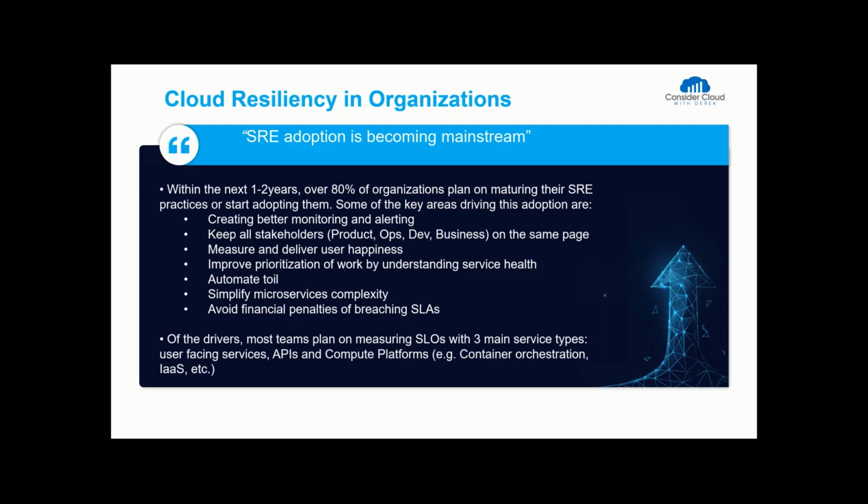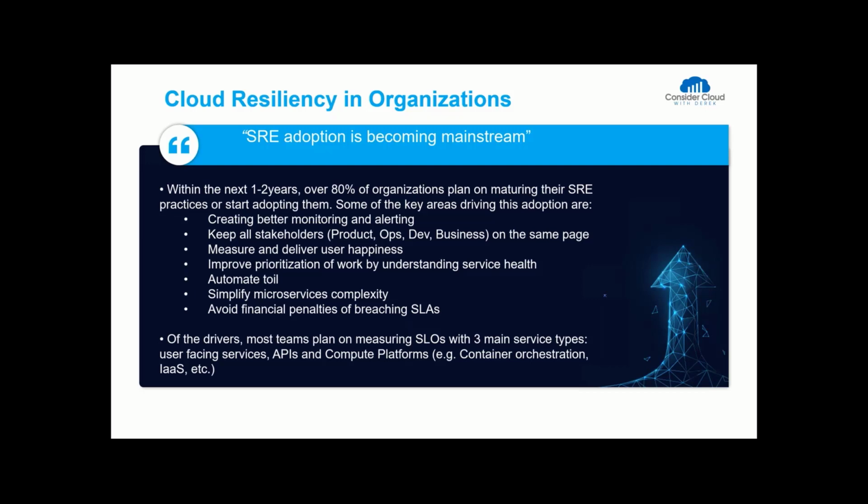Now, of all of those drivers, the most common SLOs are going to revolve around three main service types: user-facing services like web applications, APIs, and compute platforms, specifically container orchestration, Kubernetes, things of that nature.